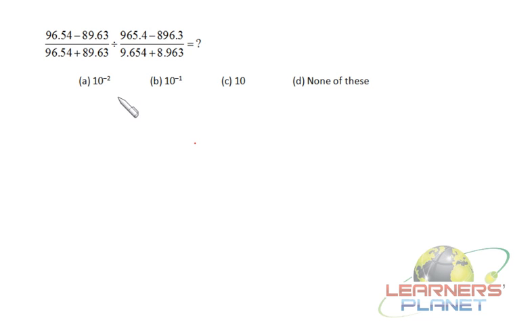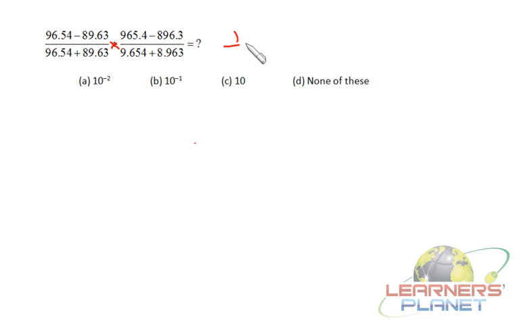Now let's see this problem. Even in this problem, there is an arrangement of decimal only, otherwise all the digits are same. So let's convert this division sign into multiplication sign. Then numerator will be converted to denominator. So 965.54 minus 89.63 will get cancelled from this expression. And this expression will be actually in denominator, and this is 10 times this number.